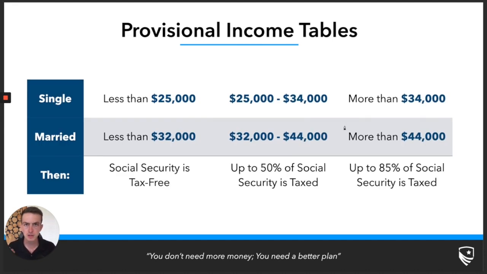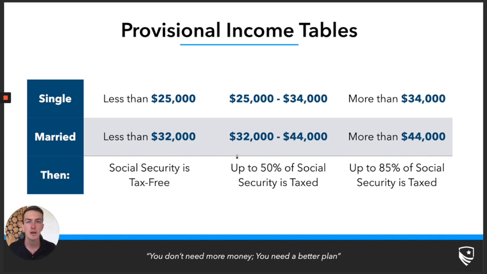So then you take your provisional income and plug it into this table. At less than $32,000 for a married couple, your Social Security is tax-free. Between $32,000 and $44,000, up to 50% of your Social Security benefit is taxed. And at more than $44,000, up to 85% of your Social Security benefit is taxed. Most people think that as soon as they cross over the $32,000 mark, it's like a cliff and 50% of the benefit instantly becomes taxable.